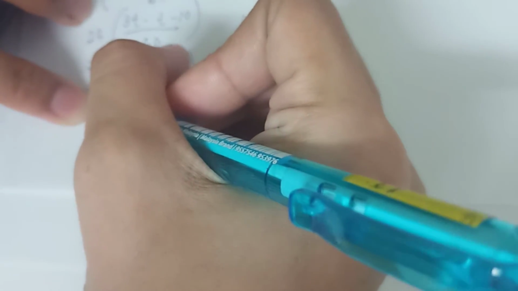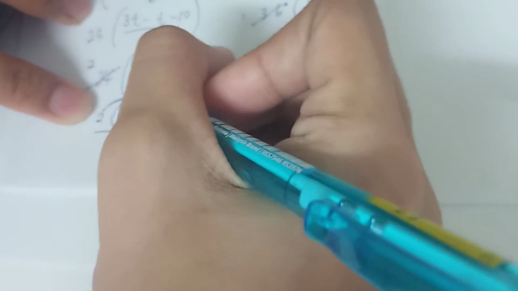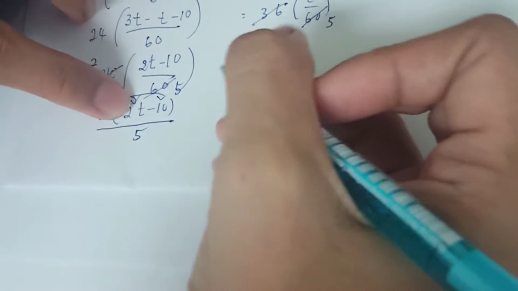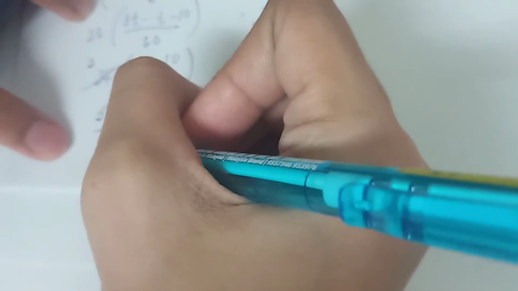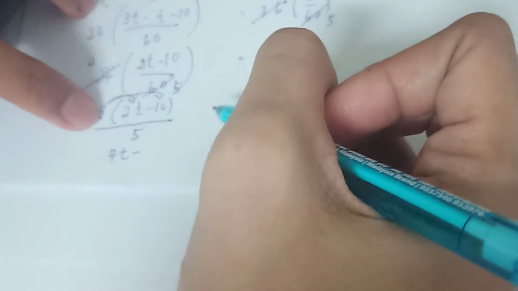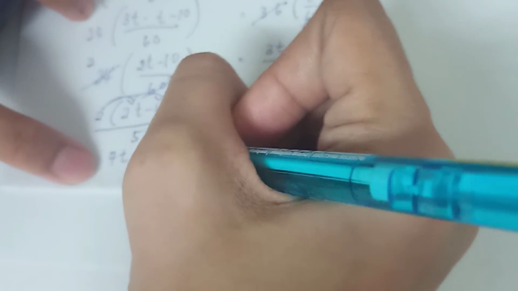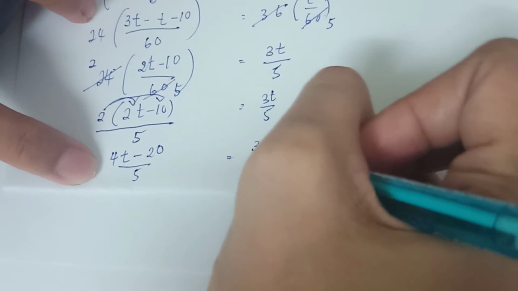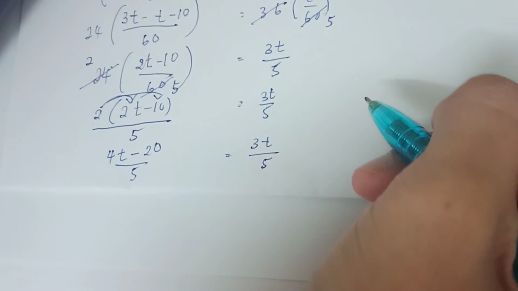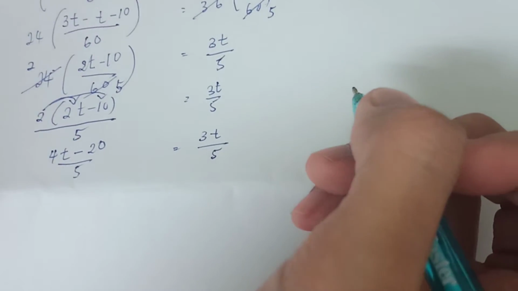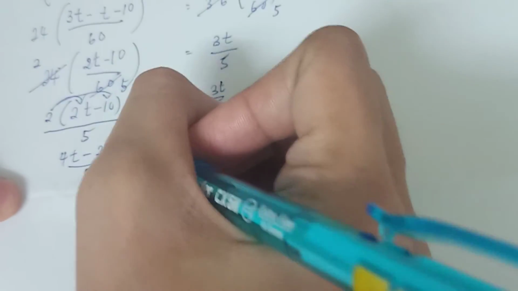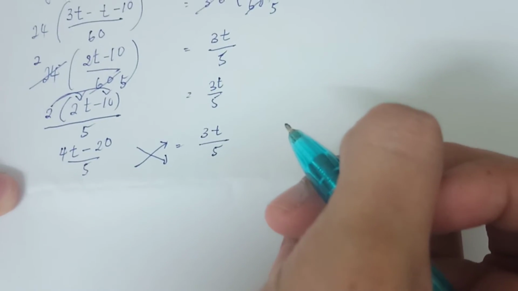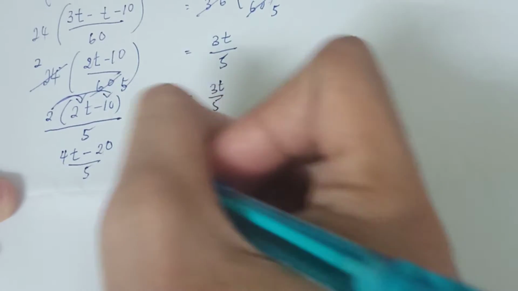So dia akan darab masuk, time multiply. So 2 times 2t is 4t. 2 times negative 10 is negative 20 over 5. And here still 3t over 5. After that we cross multiply again. Darab silang sekali lagi. So 5 akan darab dengan nombor atas.